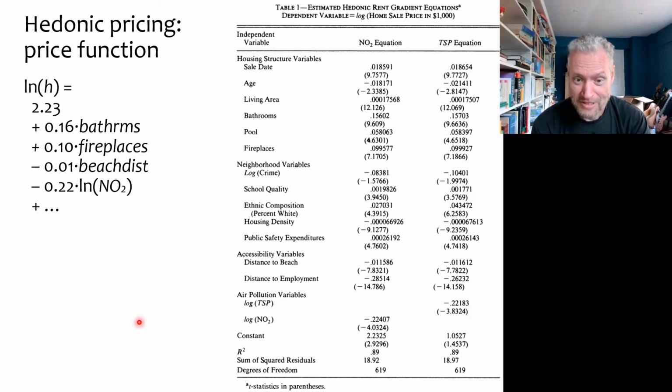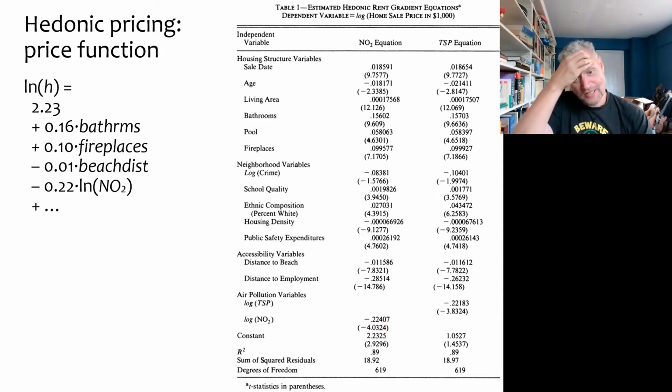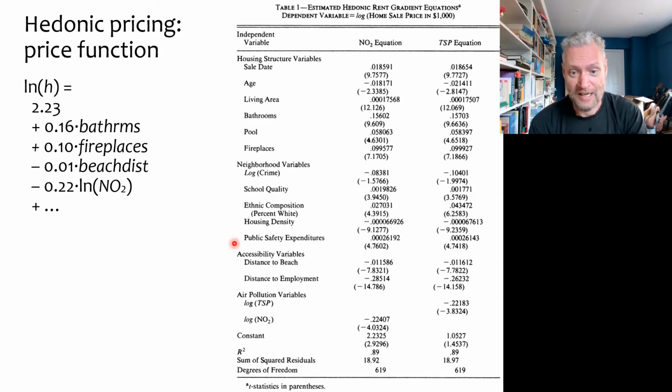And air quality is measured in two ways. One is total suspended particles, no, total solid particles, sorry, and the other is NO2, nitrogen dioxide. And what you see in this is in log, and this is in log.